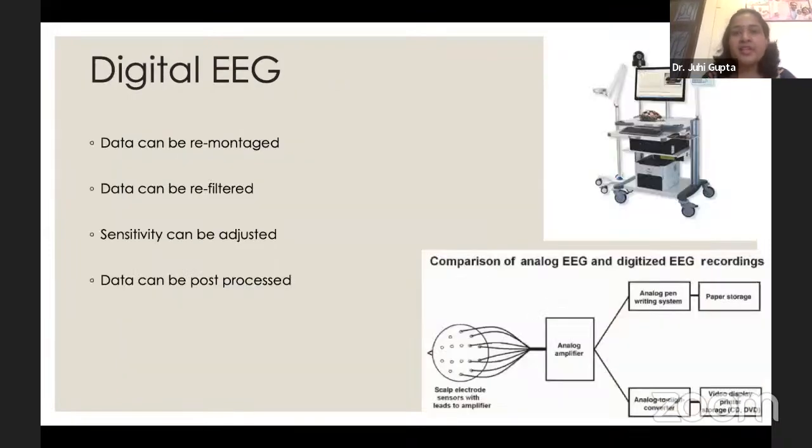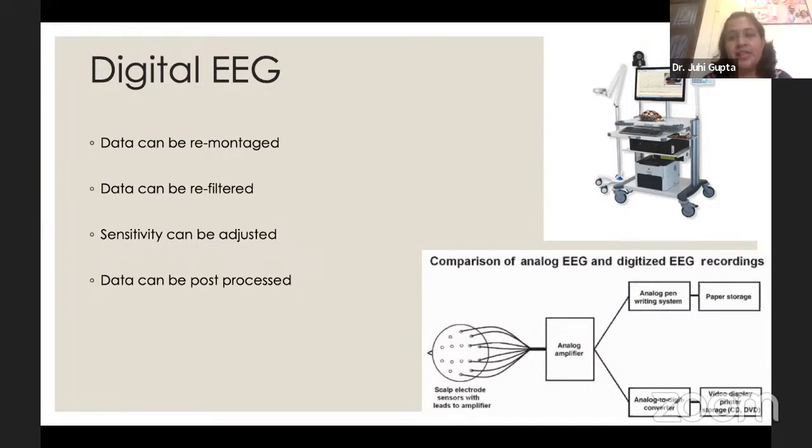But in today's times, digital EEG is the standard of care, and digital EEG should be done. So what is the difference between a digital EEG and an analog EEG? This is how a typical digital EEG machine looks. In a digital EEG, you can remontage the data. We will discuss montages and you will then understand.